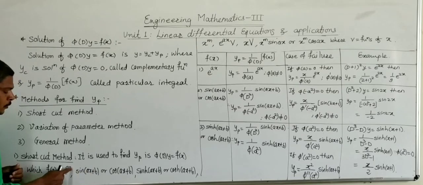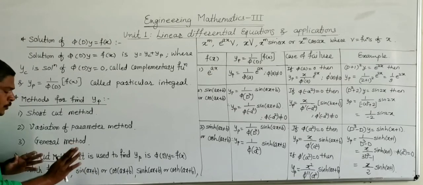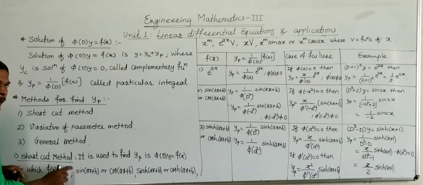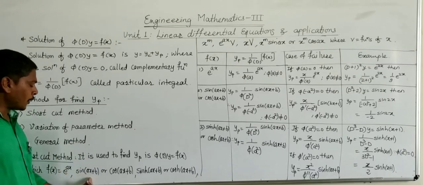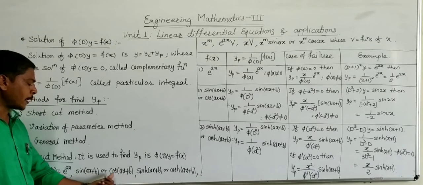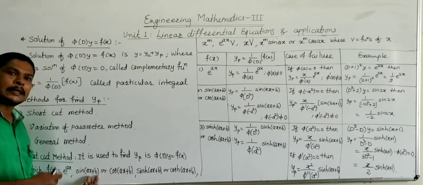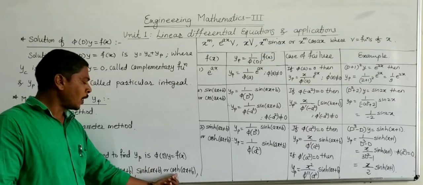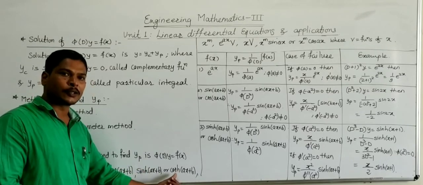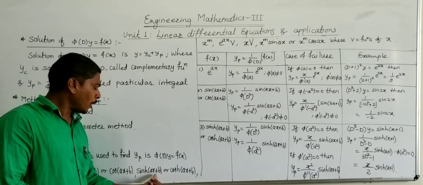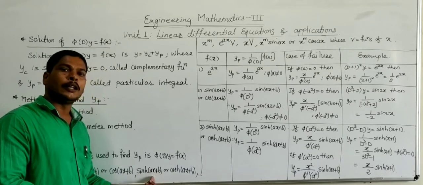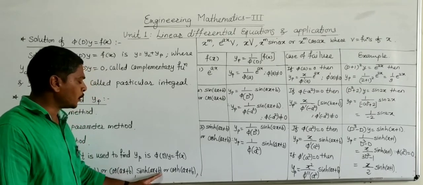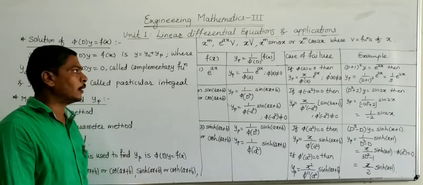First form is e raised to ax, where a is any constant. That means this function should be an exponential function. Next is a trigonometric function sine, in which the angle is a linear factor of x. Another function is trigonometric or hyperbolic sine cosine function. Here also the angle is a linear factor of x, which is ax plus b, where a and b are any real numbers.